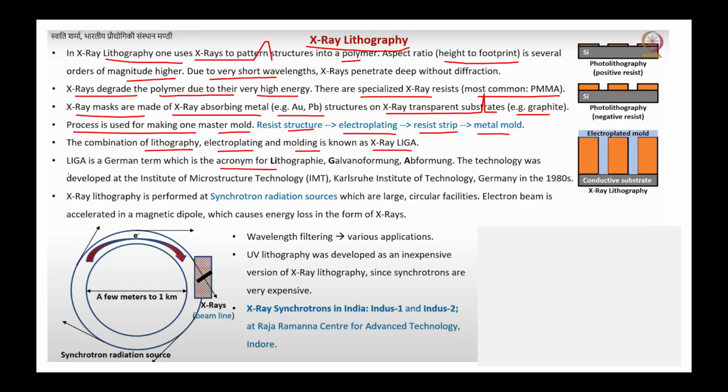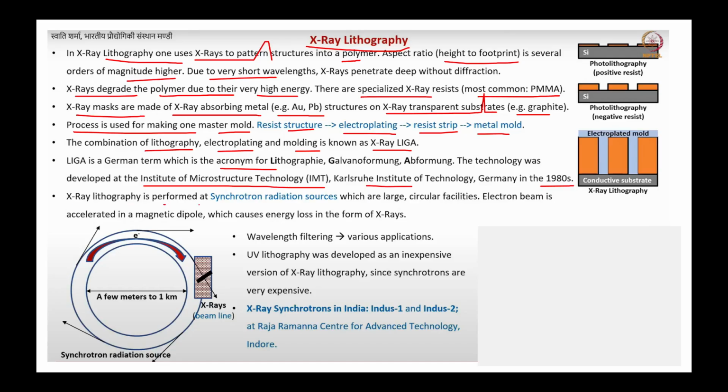The technology was developed at the Institute of Microstructure Technology, IMT, at Karlsruhe Institute of Technology in Germany, in the 1980s. So yeah, this is a very good technique. In some cases, you can use this for masking your pattern.